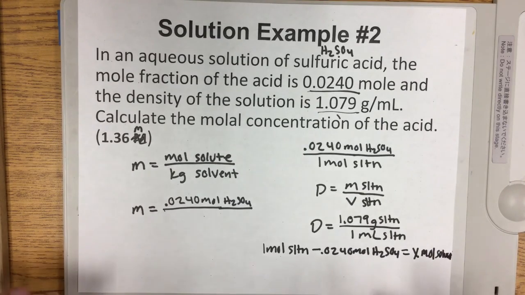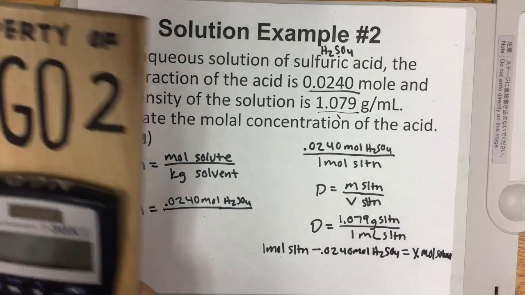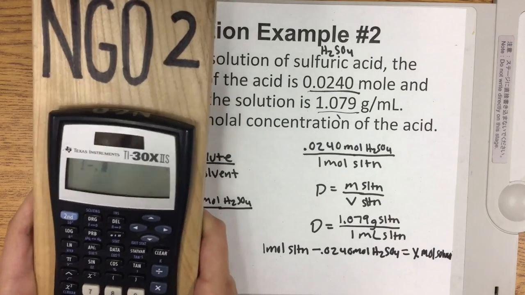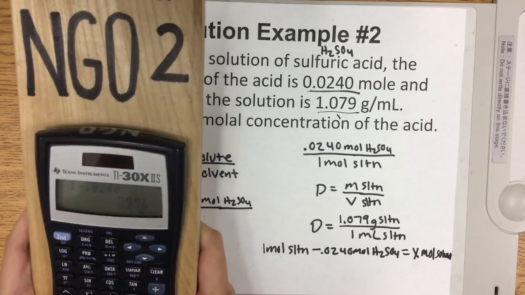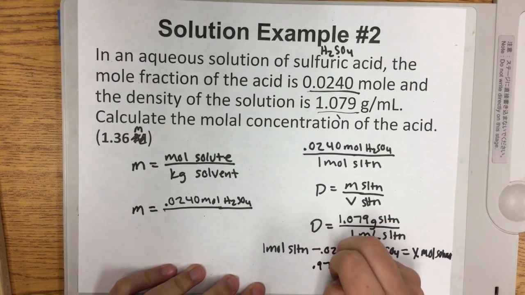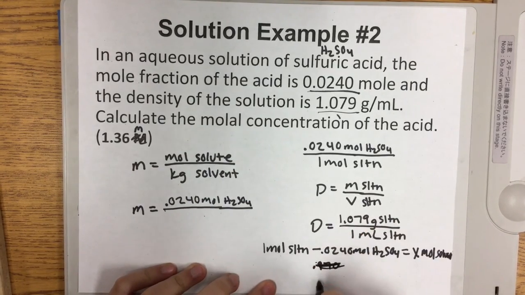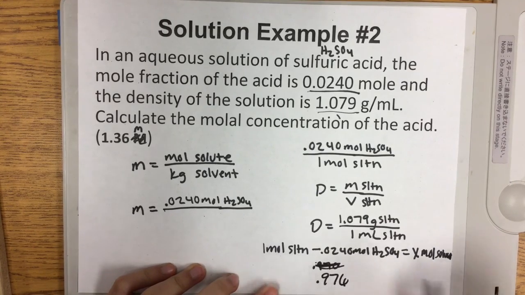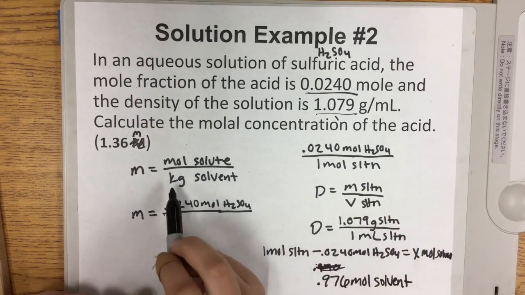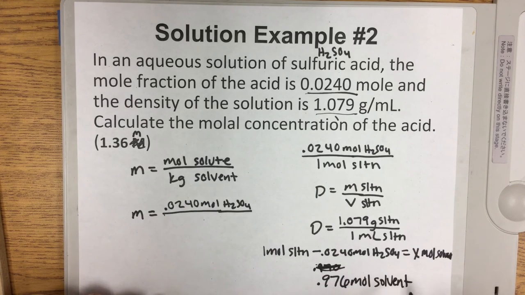So 1 minus 0.0240 would equal 0.976 moles of solvent.